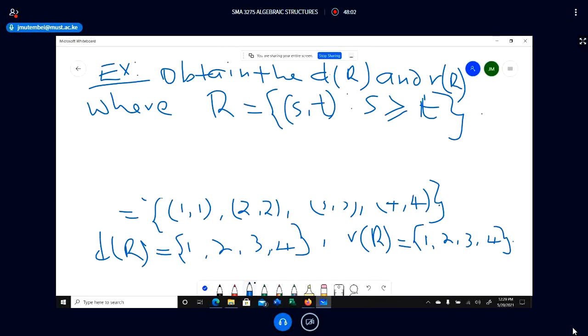So I think so far we have discussed most of the operations that may be found in the binary algebraic systems.